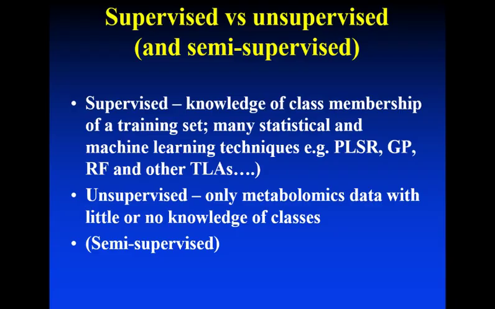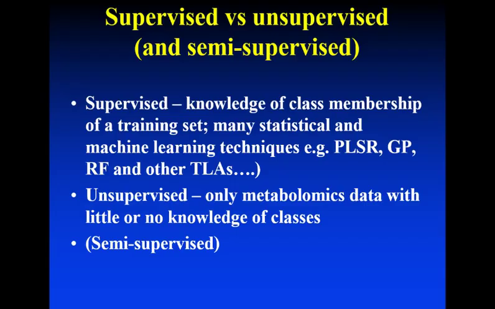If you don't know the class membership, and I'll give an example of that towards the end, you use unsupervised or clustering methods in which you seek to align things that are more similar to each other with each other. There is also a much less common but also powerful technique, and there's a talk tomorrow morning on it, called semi-supervised, in which you know the class membership of only a subset of the data.